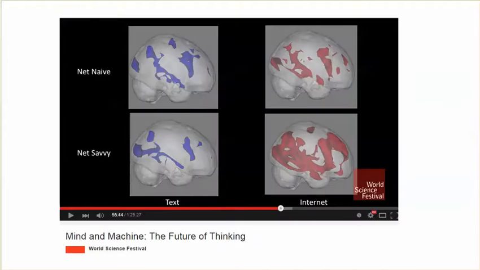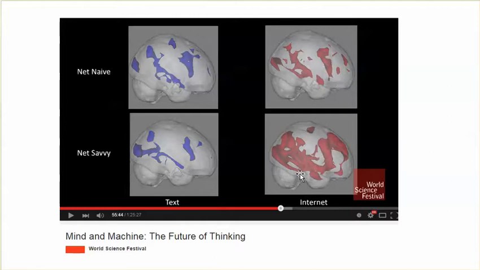I will show you ways in which you can facilitate this kind of brain activity in your students, because you can see that a net savvy person looking at the web page looks at exploratory opportunities.